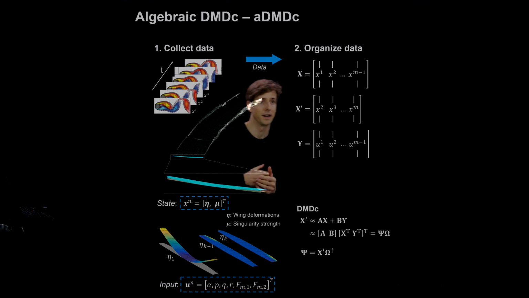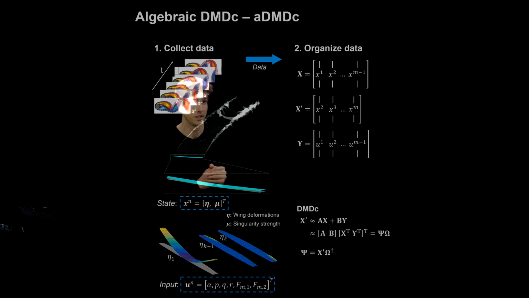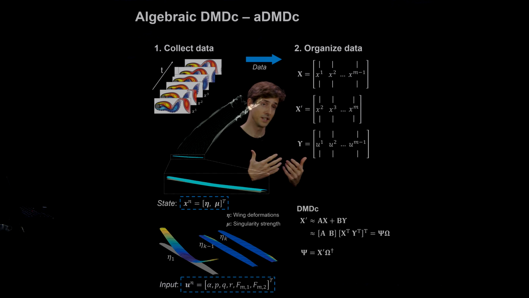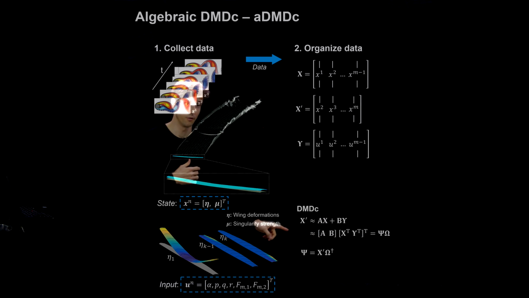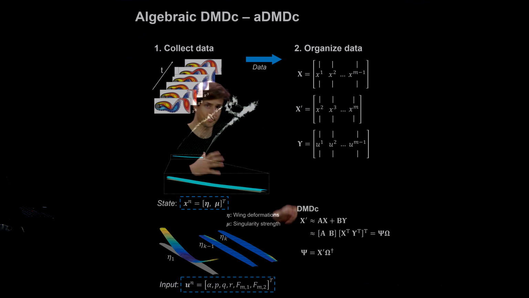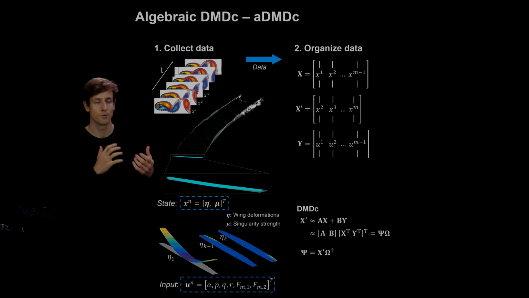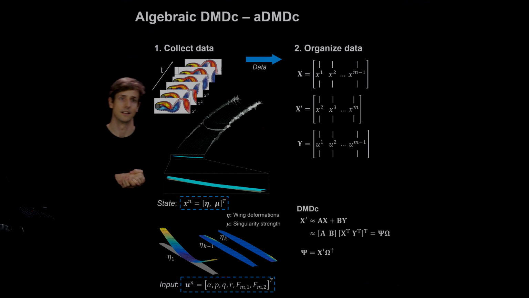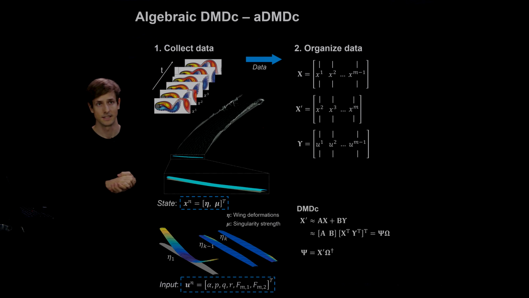And then by using an SVD, we can take the pseudo-inverse of sigma and solve here for psi. And that's how we can get our best fit linear model using this data.